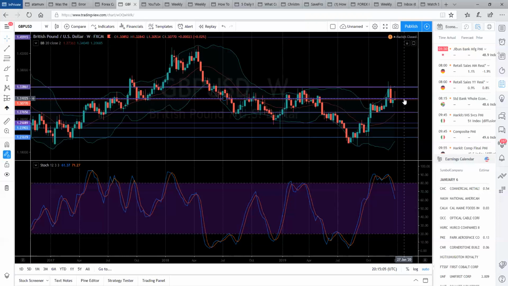So basically, if we're looking at just the weekly, we can place our sell stop, 20 pip sell stop below the low of last week's weekly candle. The low is at 1.30534. So we can place a 20 pip sell stop below it. That will be at 1.3033.